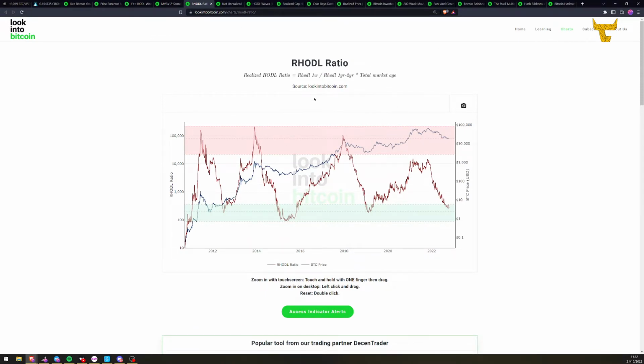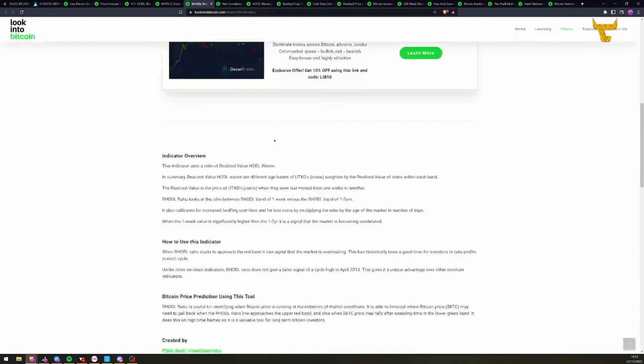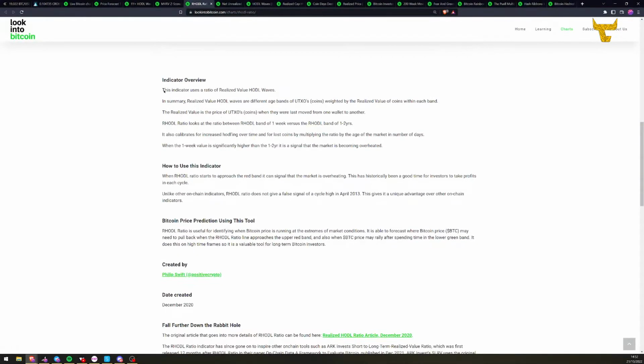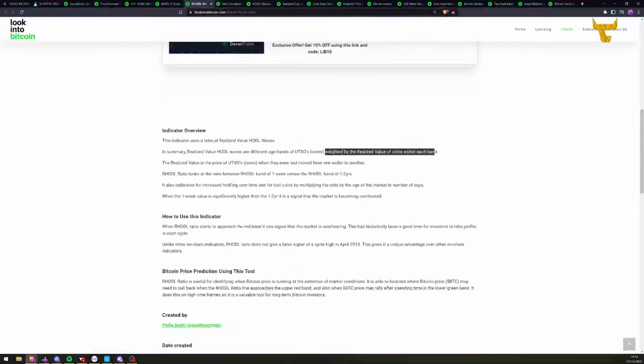Rodel ratio. Which one is that one again? So this indicator uses a ratio of realized value HODL waves. In summary, realized value HODL waves are the different age bands of UTXOs, weighted by the realized value of the coins within each band.